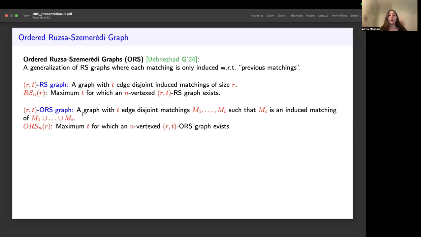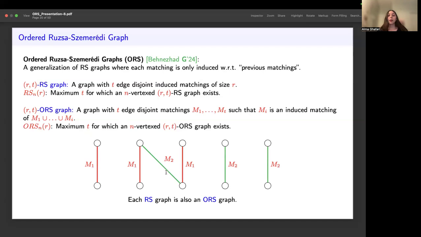This is an RT-ORS graph. We define ORS(n, R) as the maximum T for which an n-vertex RT-ORS graph exists. We similarly define RS(n, R), the maximum T for which an n-vertex RT-RS graph exists.